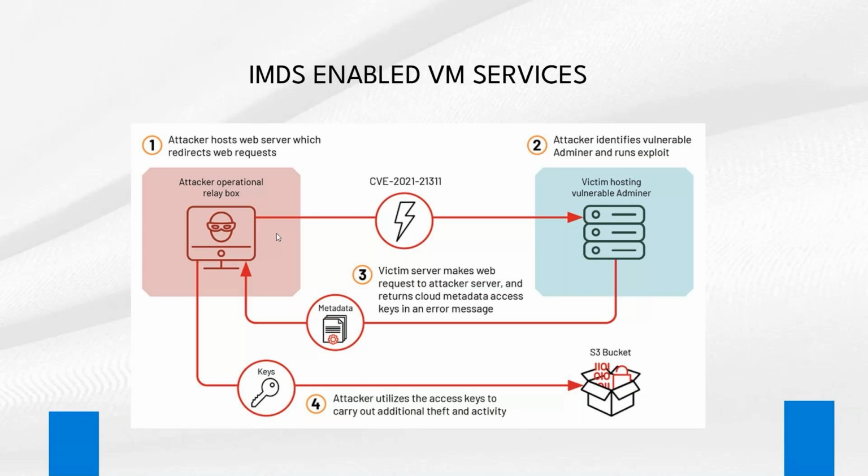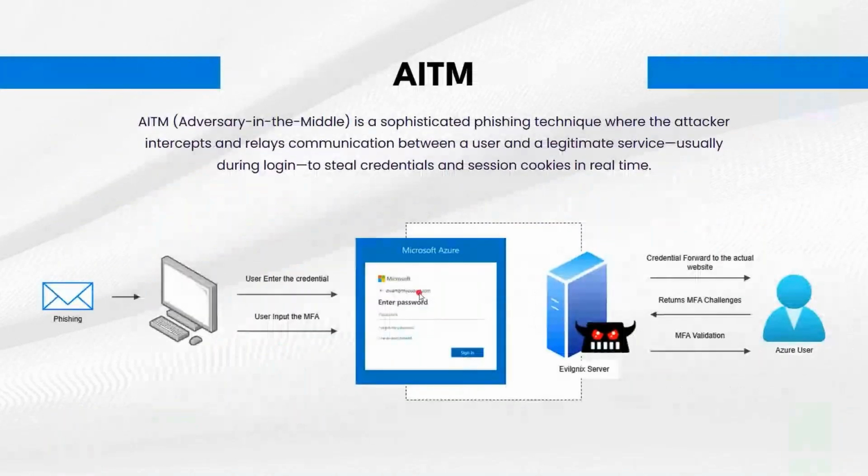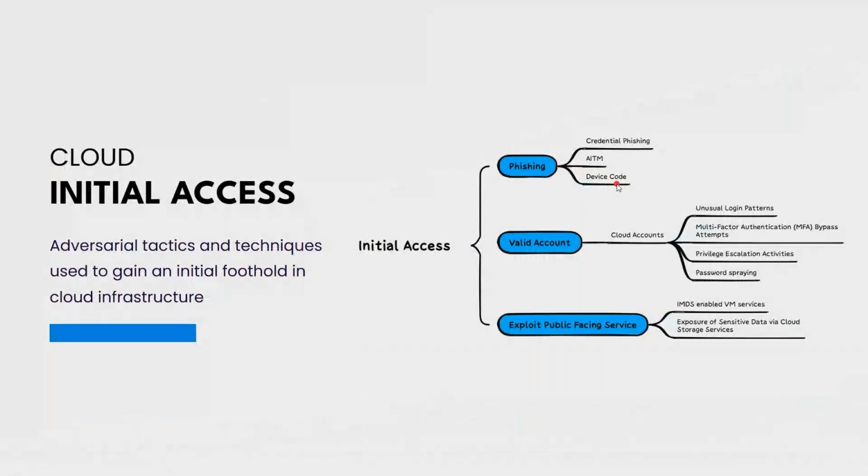Here we have listed a few, so let's have a quick recap of what we have discussed. First, we explored the phishing techniques, not just the traditional way, but sophisticated phishing like AiTM and how attackers abuse the device code function.